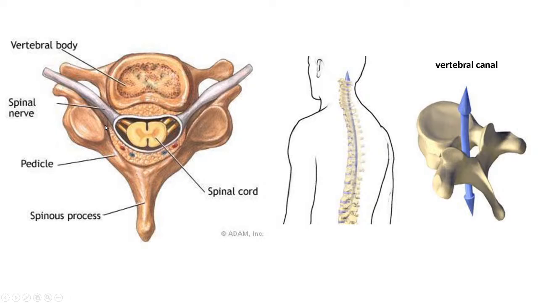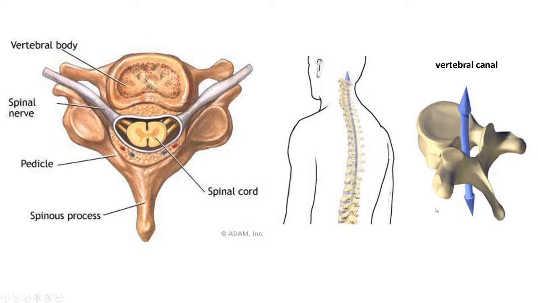But the key here is this vertebral arch, which creates a space in the center of the vertebra. This vertebral foramen allows for passageway of the spinal cord, and with the vertebrae all stacked together, these foramen together make a space called the vertebral canal through which the spinal cord passes.